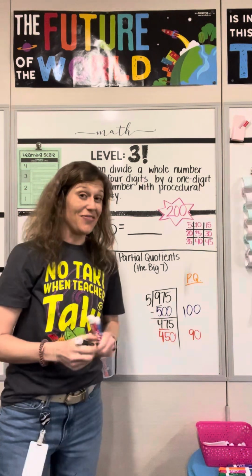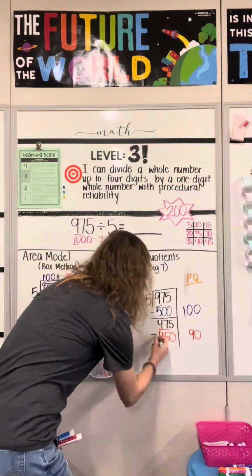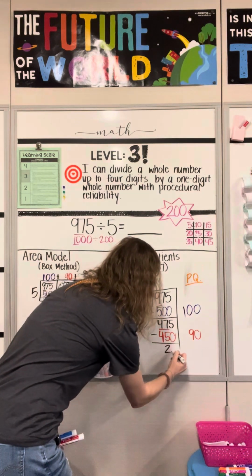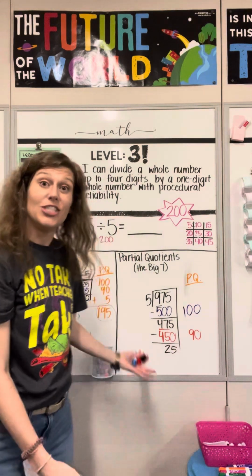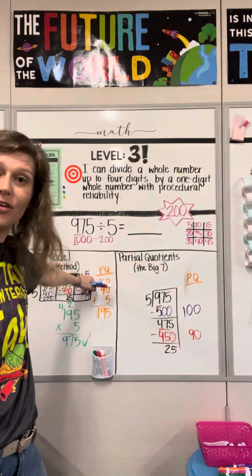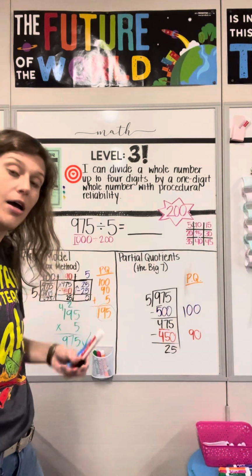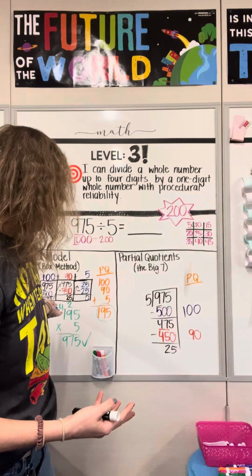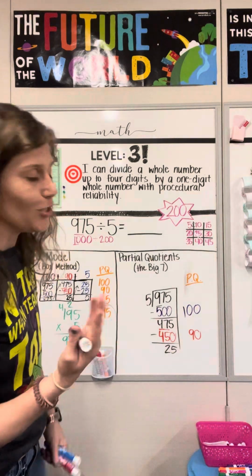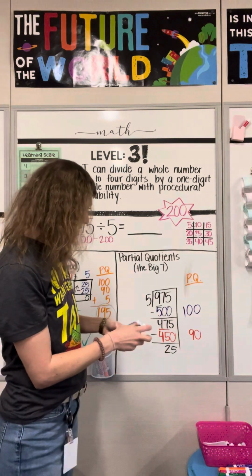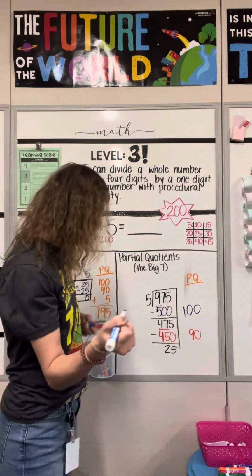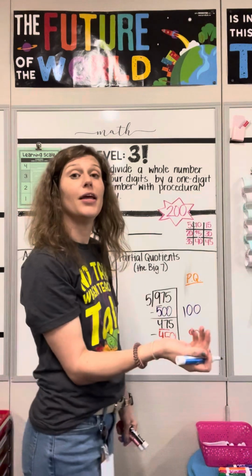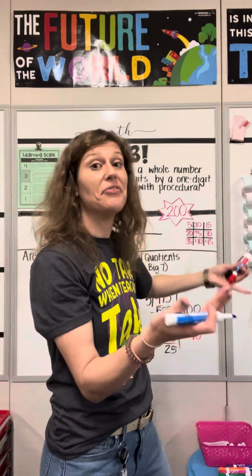So now we have 475 minus 450, which is again going to leave us with 25, which is the same as the second partial quotient on the area model. We got 25, making the partial quotient 90, sorry. So we have 25 left, and 5 goes into 25 5 times.